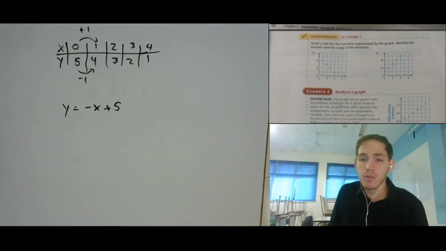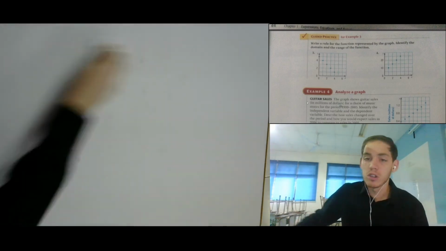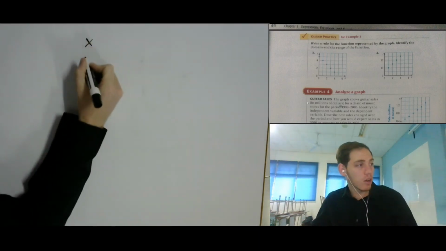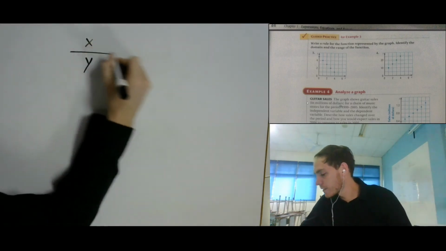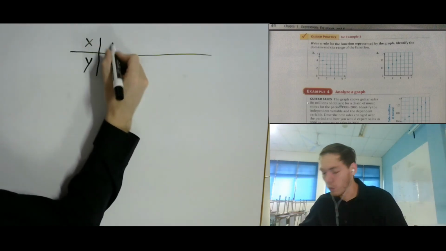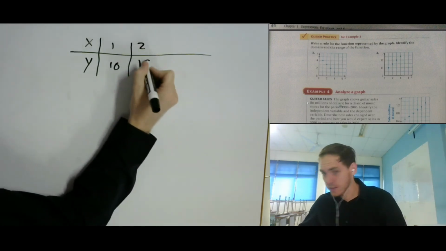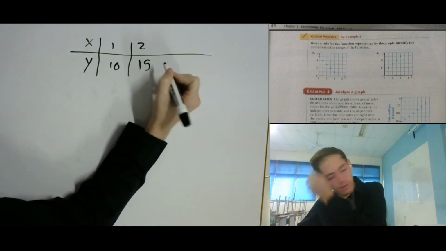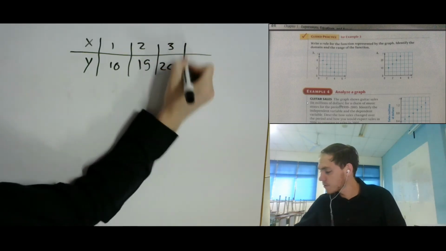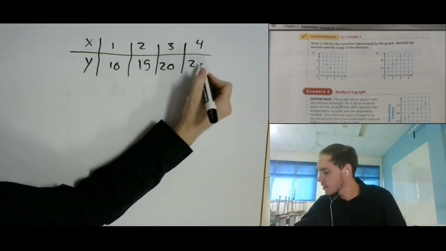Okay, I want you to look at number 4. And actually, I'm going to have you type that in to our Google quiz. Okay? So I'll help you make a table. So our x and our y. And we have 1, 10, 2, 15, 3 is 20, and 4 is 25.